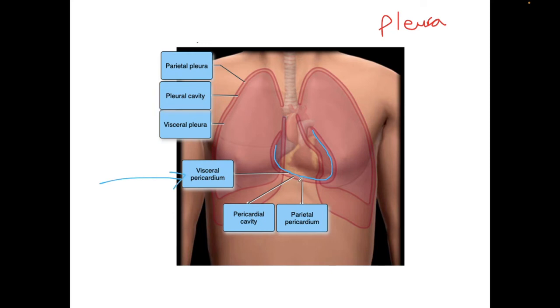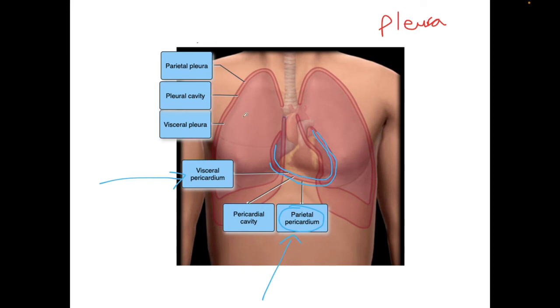Remember, when you put the fist in the balloon, it then creates an outer portion that does not touch the viscera. That outer portion is the parietal pericardium. And in between the visceral and the parietal pericardium, there's the cavity called the pericardial cavity. And in the pericardial cavity is going to be pericardial fluid.